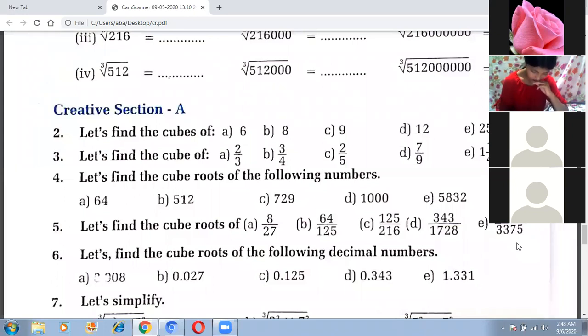Now, while factorizing 3375, the product of prime factors is 3 into 3 into 3 into 5 into 5 into 5. Yes?